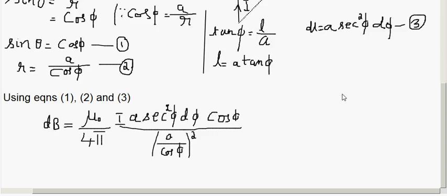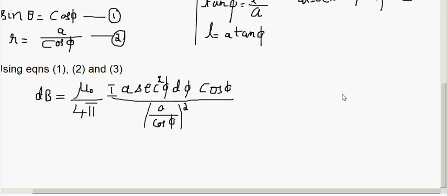Now here we can cancel a few of the terms. One by cos square phi is secant square phi, so that will cancel with this, and one A gets cancelled with one A, so only one A remains.